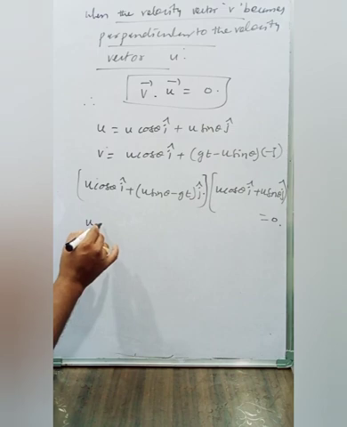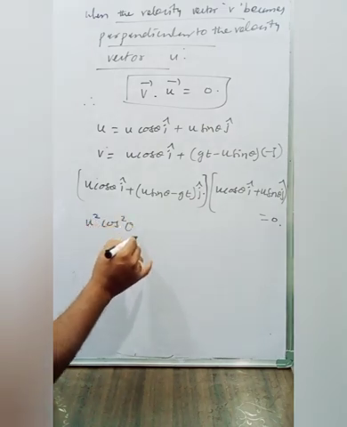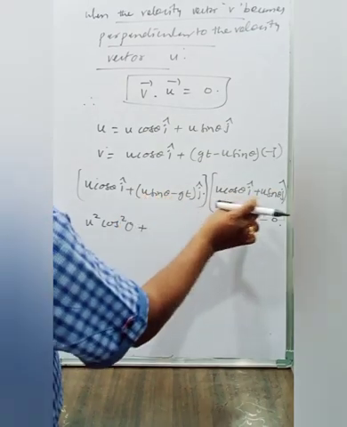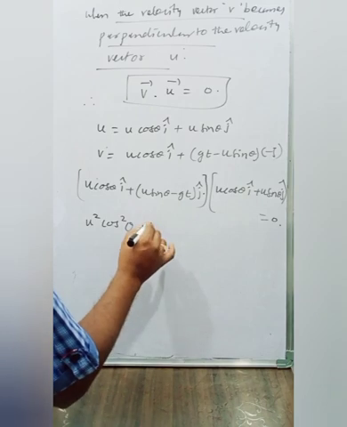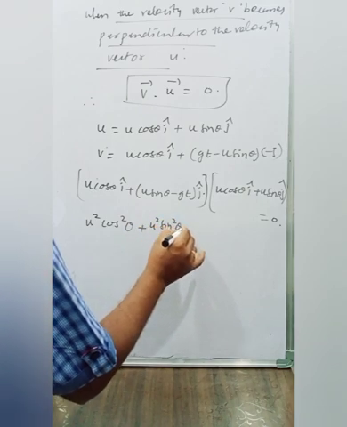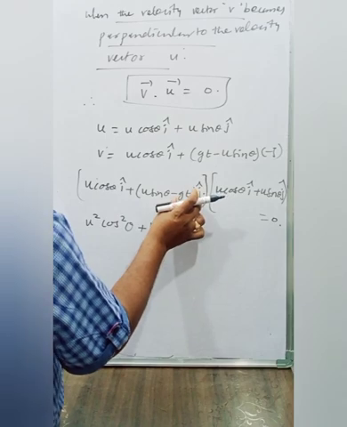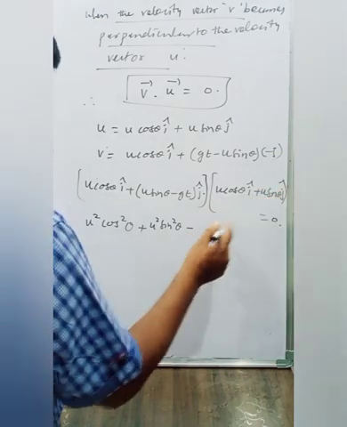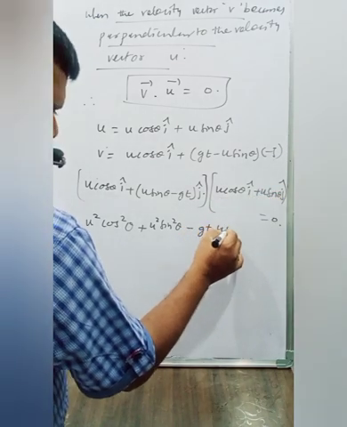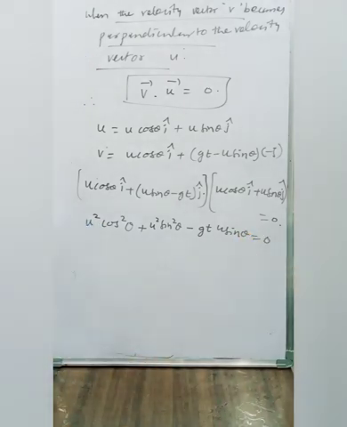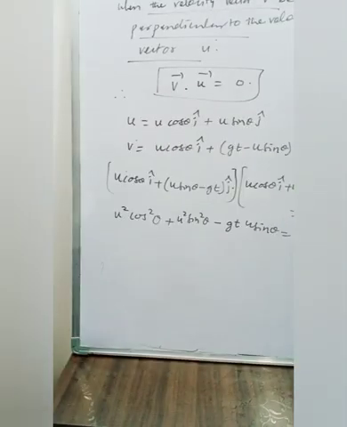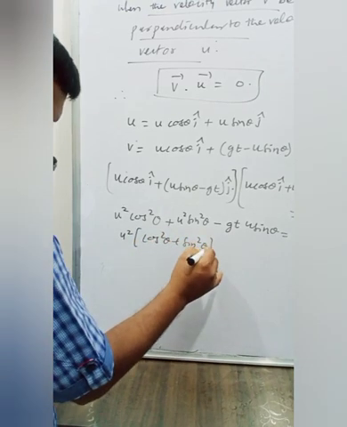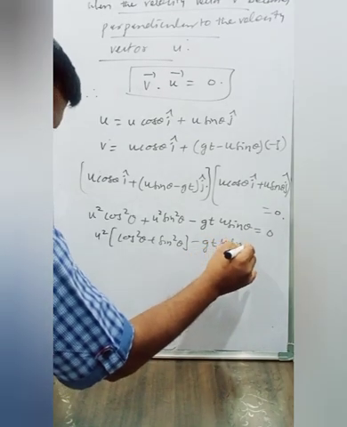So U cos theta into U cos theta, U square cos square theta, plus U sin theta j into U sin theta j, U square sin square theta, minus gt into j multiplied with U sin theta j. Therefore, gt U sin theta. Here U square cos square theta plus sin square theta minus gt U sin theta is equal to 0.